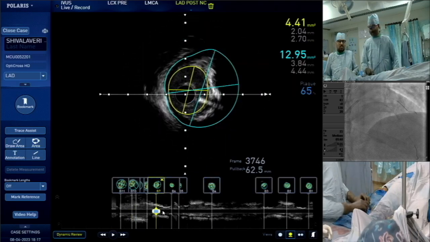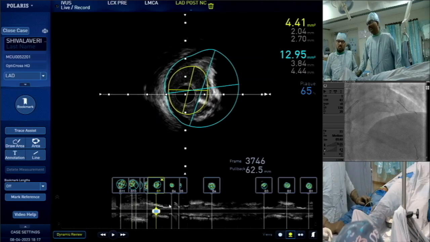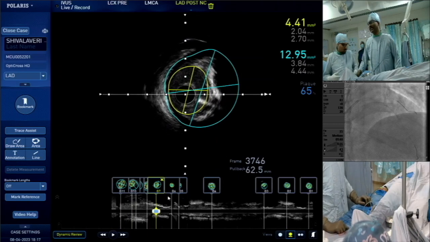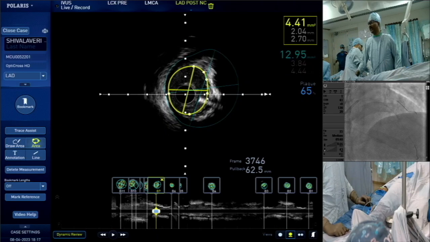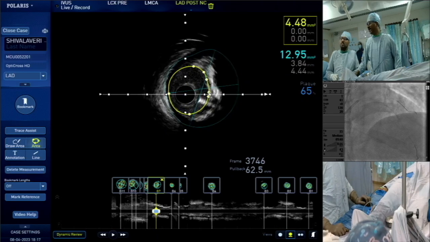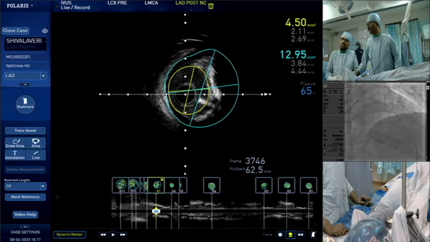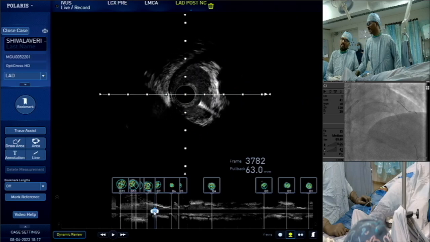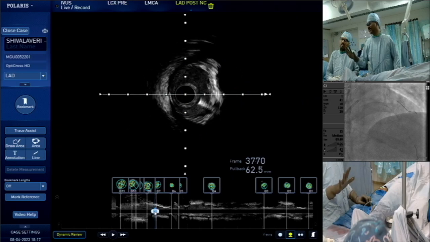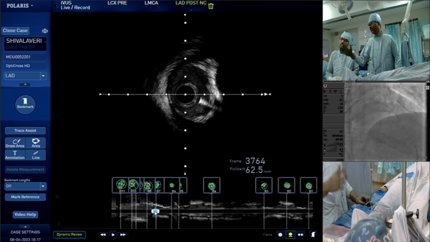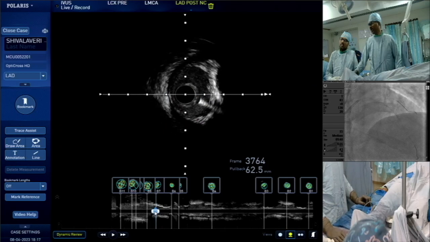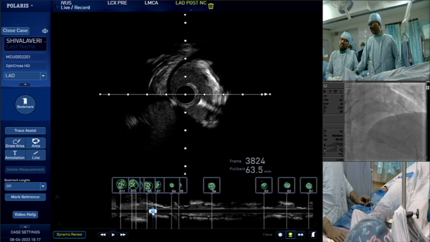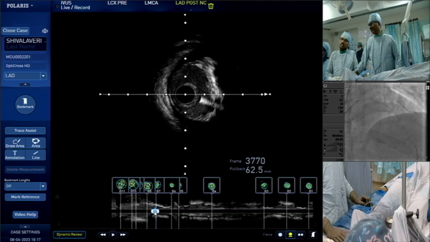What data says is MLA, if it is beyond 6 mm square, then by MLA there is no need to treat this LMCA. Block area has no significance in LMCA, and block area never showed any changes in outcomes in the long run. So by MLA, I think this LMCA we can leave it.